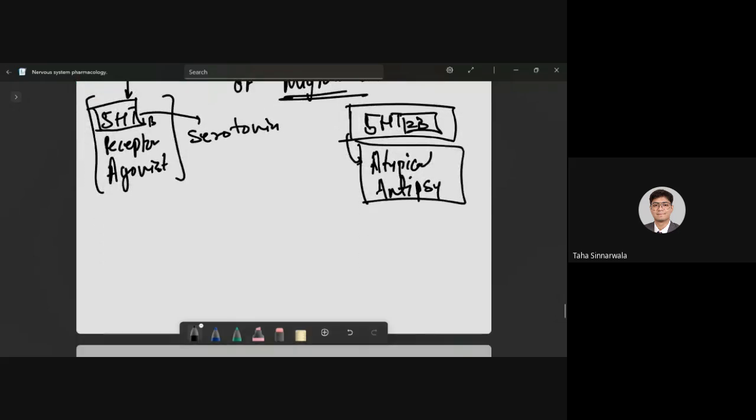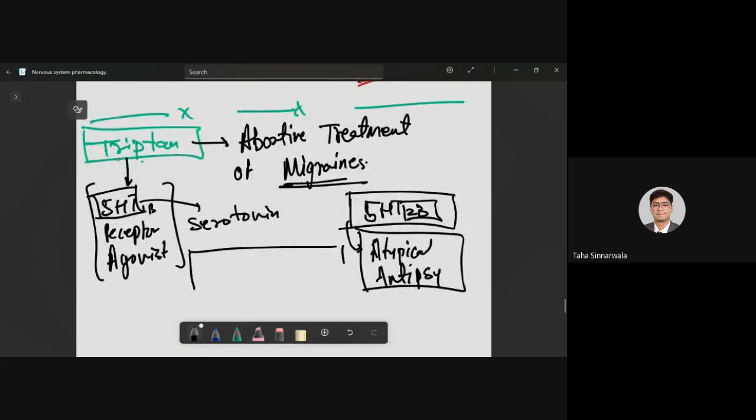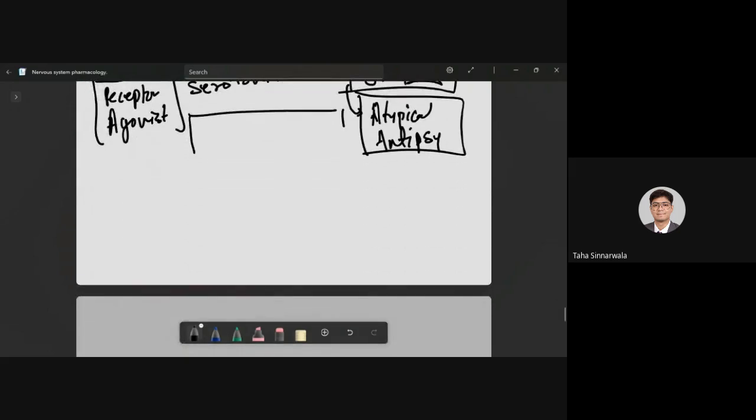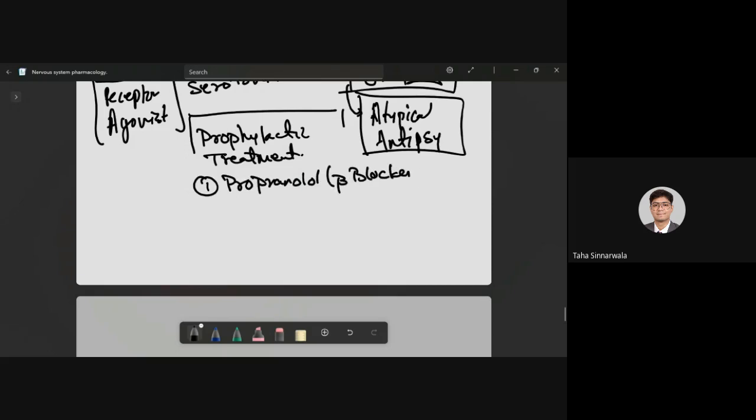And then the second question I had was this medication, triptans, that is important for abortive treatment. So what are some prophylactic treatments? Propranolol. Okay, propranolol. So beta blockers is one. What other medications?